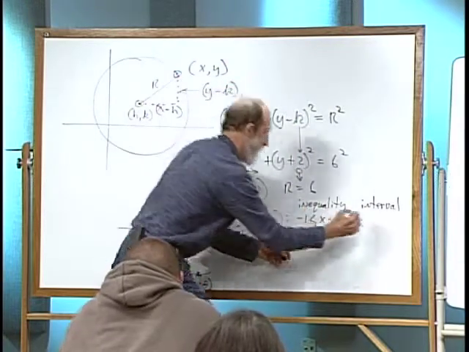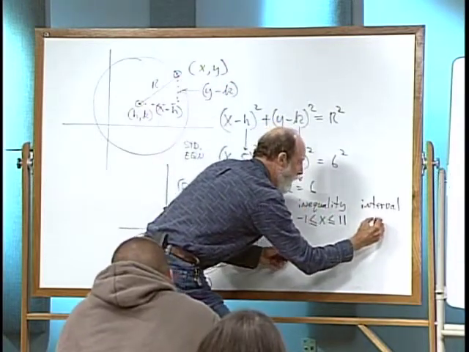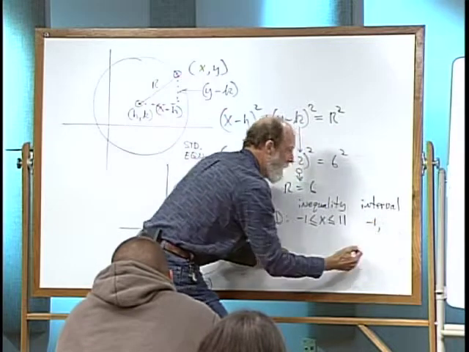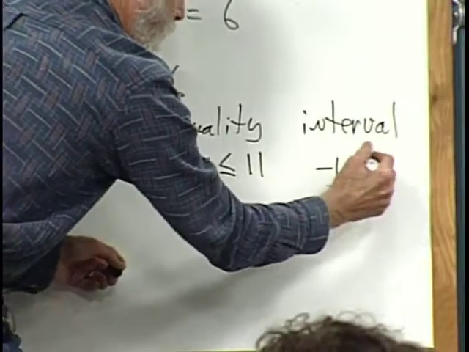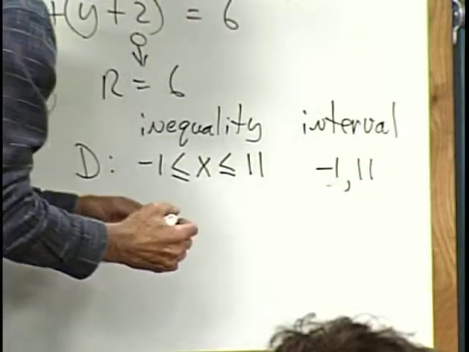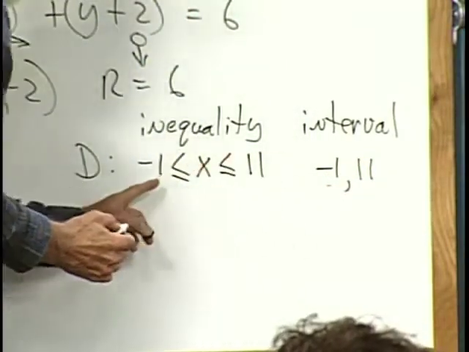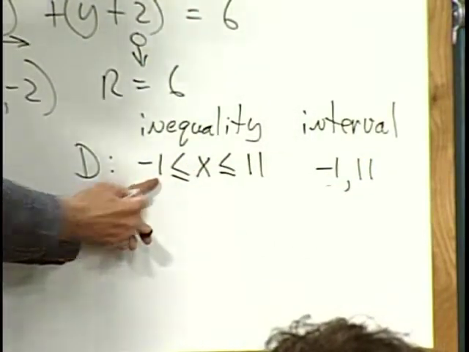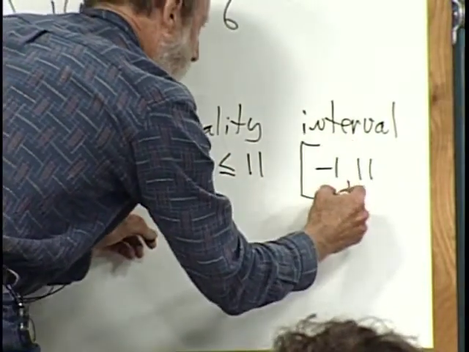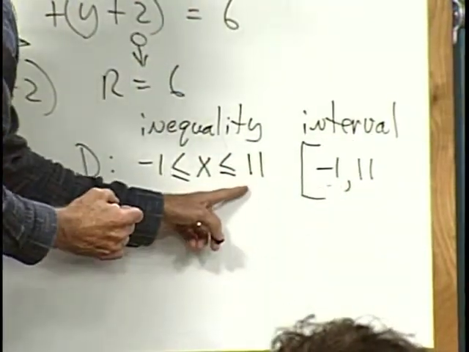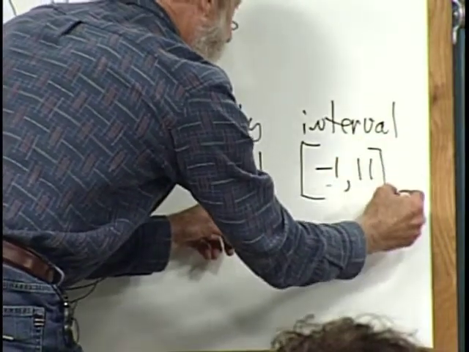Okay. And we're going to start at -1. We put a comma. This is our starting point, and we're going to end at 11. Now, how do we denote that we want to include -1? We put a square bracket on it. And over on the right, we want to include the 11, so we put a square bracket there.